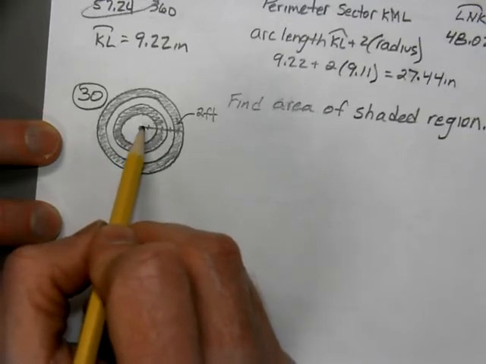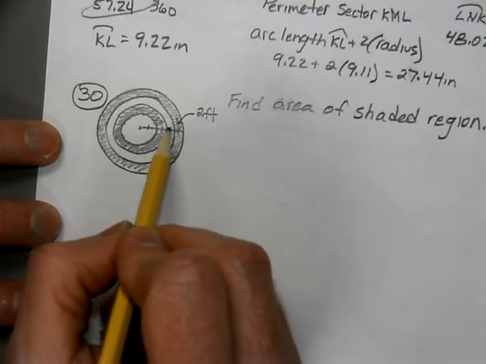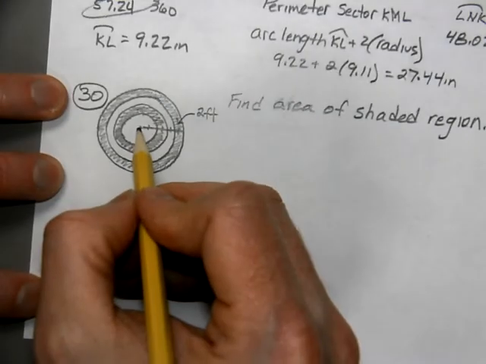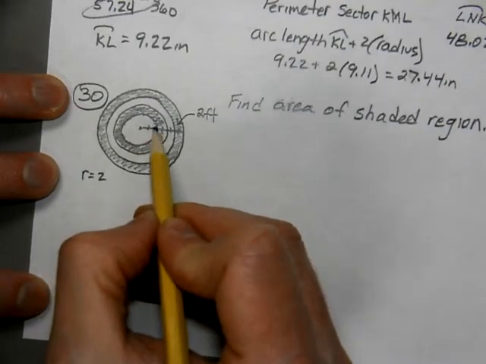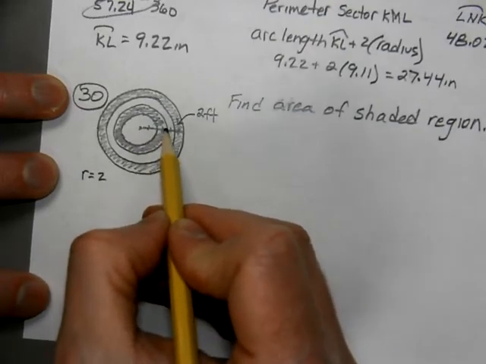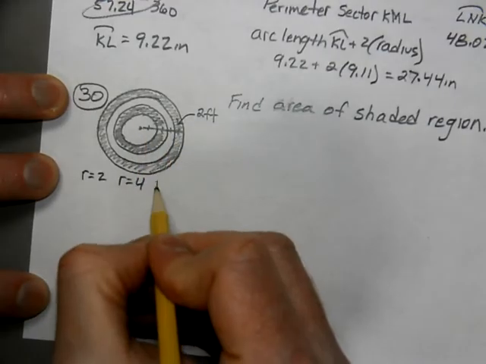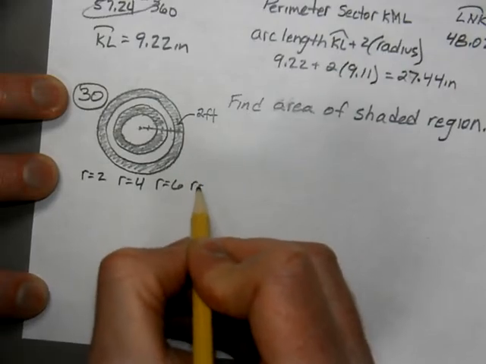And each of these radiuses, we have 2 feet and then 2 feet extra and 2 feet more and 2 feet for the largest circle. So the inside circle has a radius of 2. The first dark one has a total radius of 4, then 6. Then the larger circle has a radius of 8.